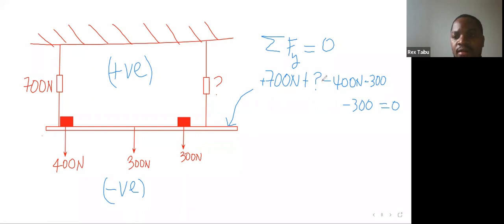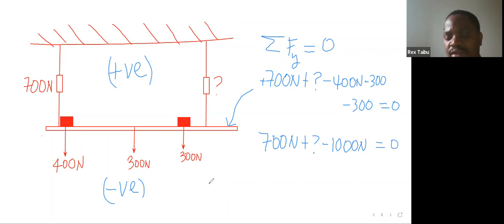Now I have to find out what the question mark is here. So this tells me that 700 newtons, and then if I do my mathematics, minus 400, minus 300, minus 300 is actually minus 1,000 newtons. The answer must be 0. That's according to the rule of equilibrium.